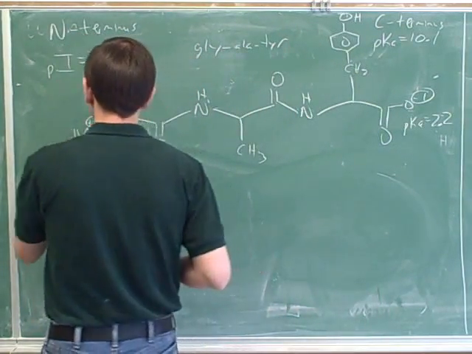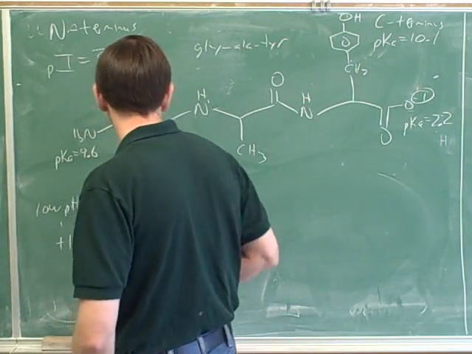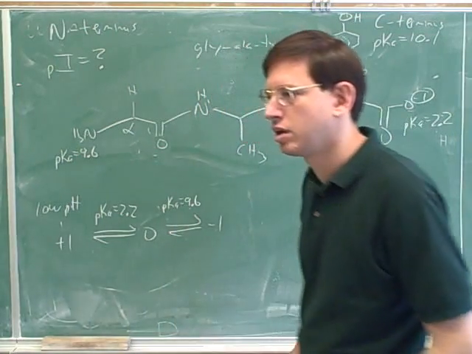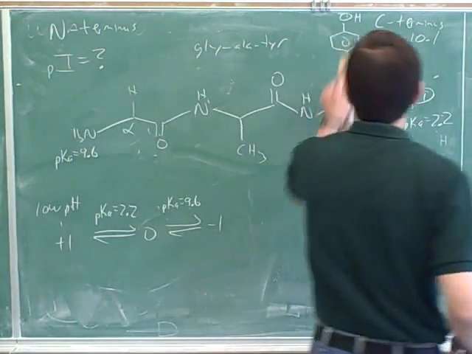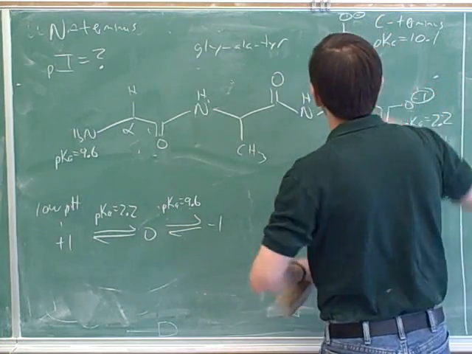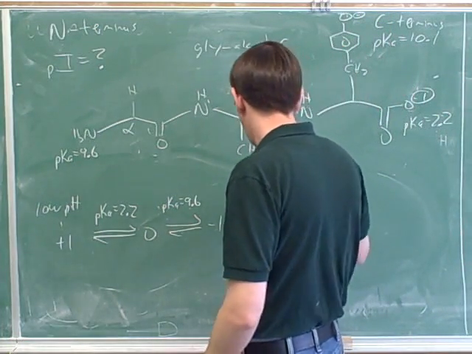Right. So we have a -1. And lastly, the OH on the top would deprotonate once we hit 10.1. And that would give us another minus charge. So we'd have -2.